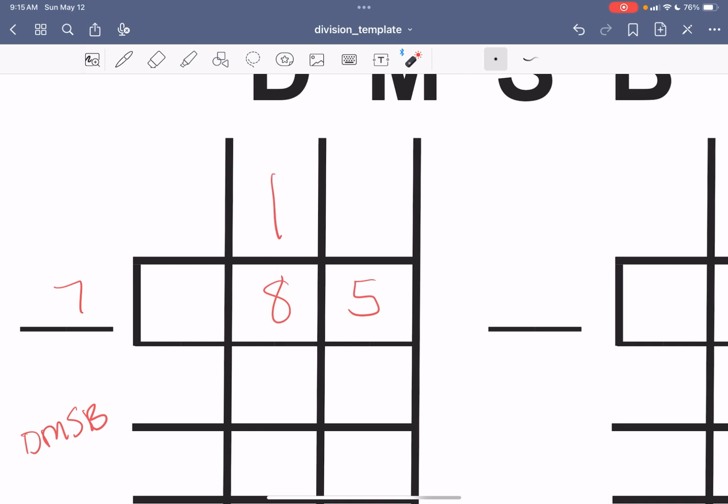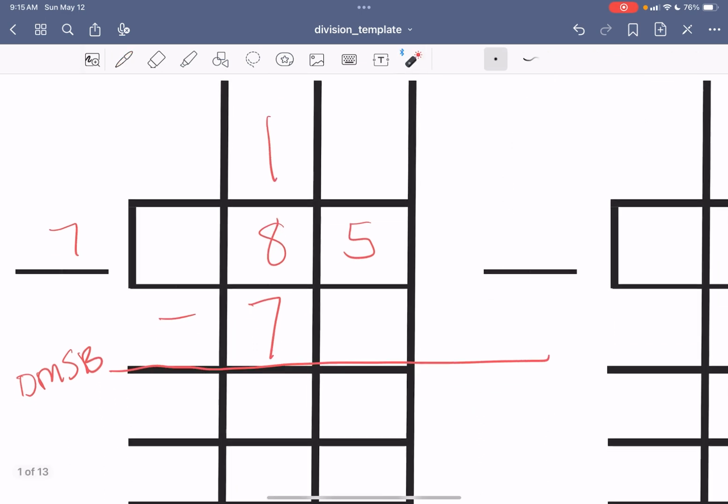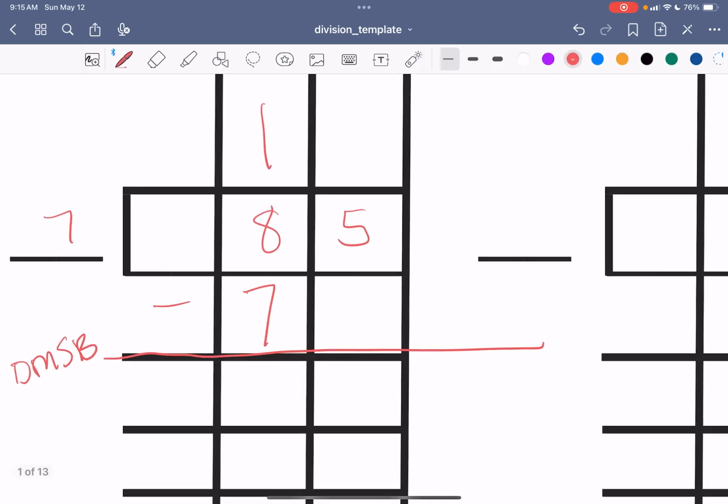So now we need to multiply. 1 times 7 is 7. Now we need to subtract. 8 minus 7 is 1. Now we need to bring down. I'm going to bring down the 5. So the number is now 15.